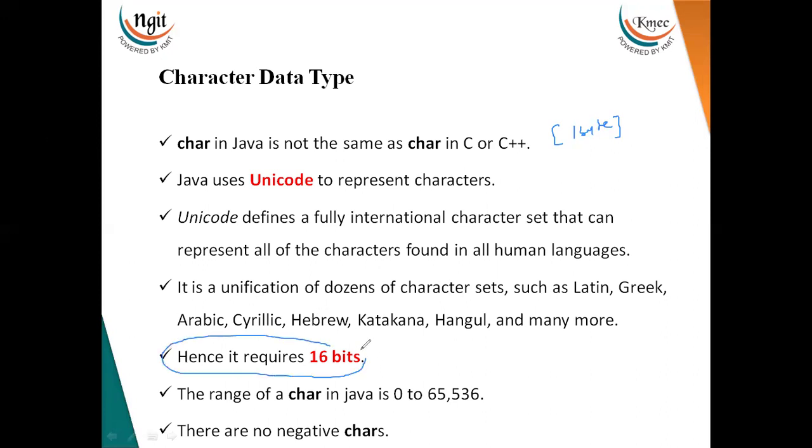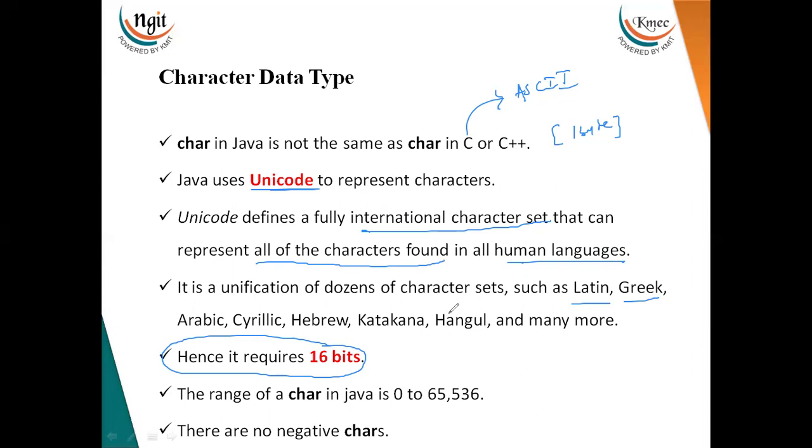In the sense that it requires 16 bits of information, because Java is a Unicode programming language, whereas those other programming languages are ASCII coded, American Standard Code for Information Interchange, right? Unicode defines a fully international character set that can represent all the characters found in human languages. Unicode contains dozens of character sets such as Latin, Greek, Arabic.